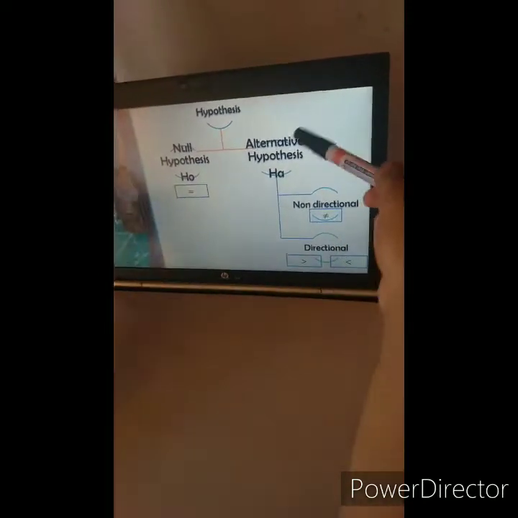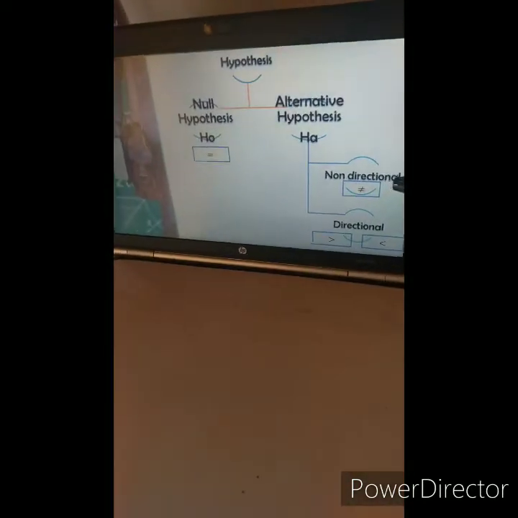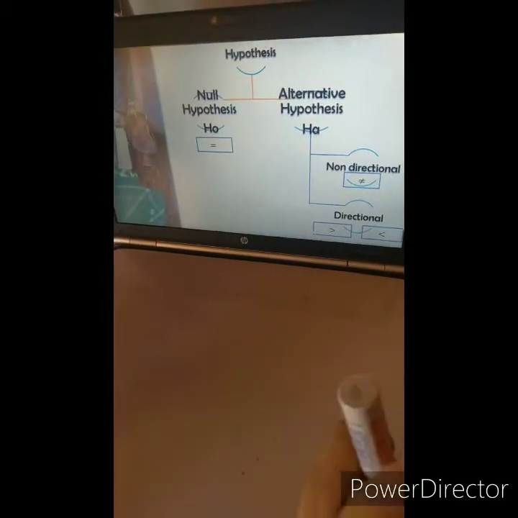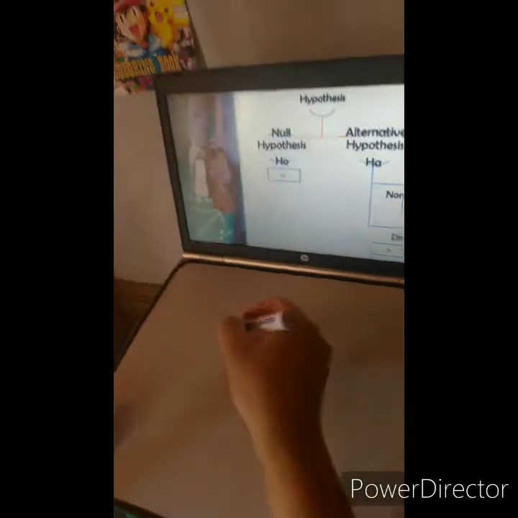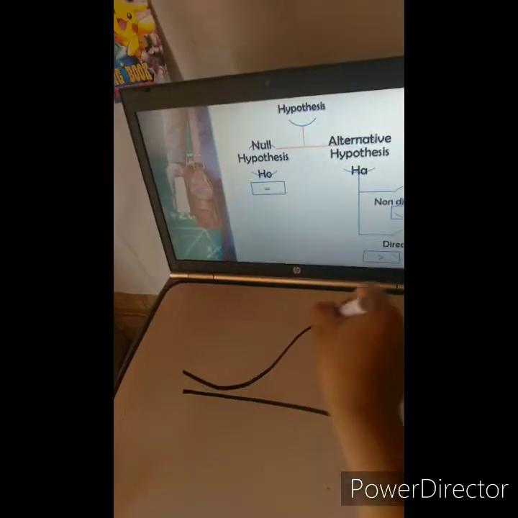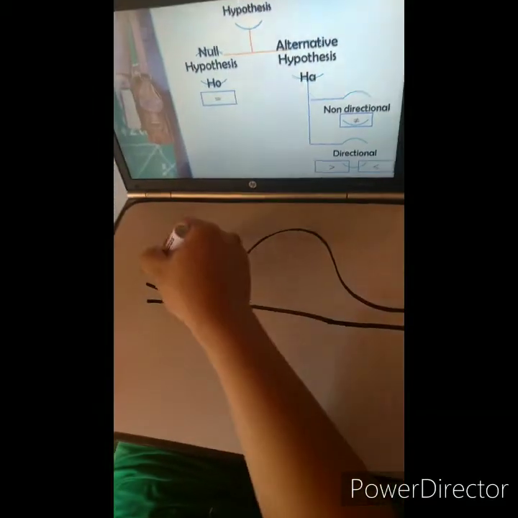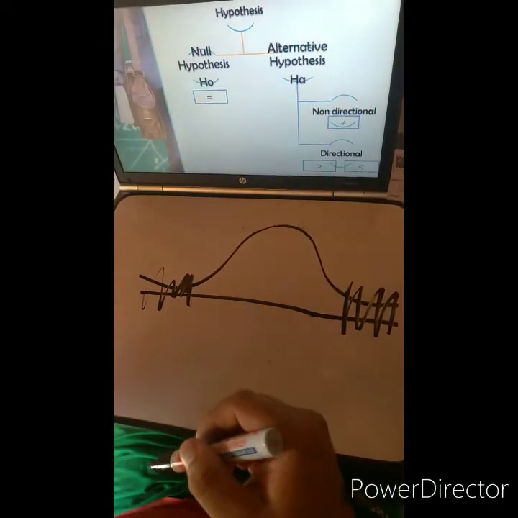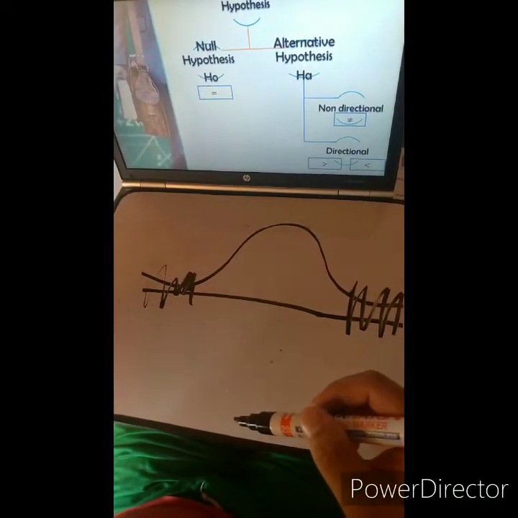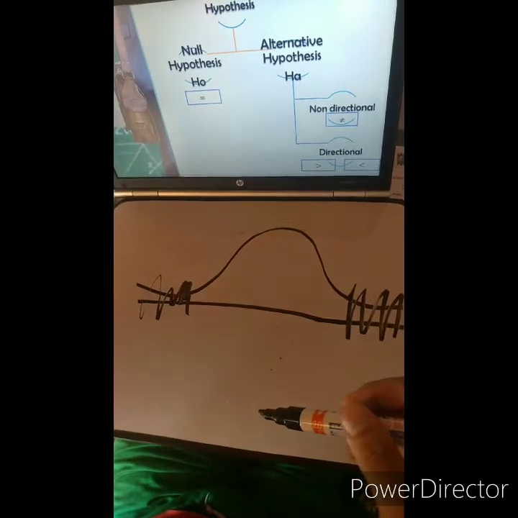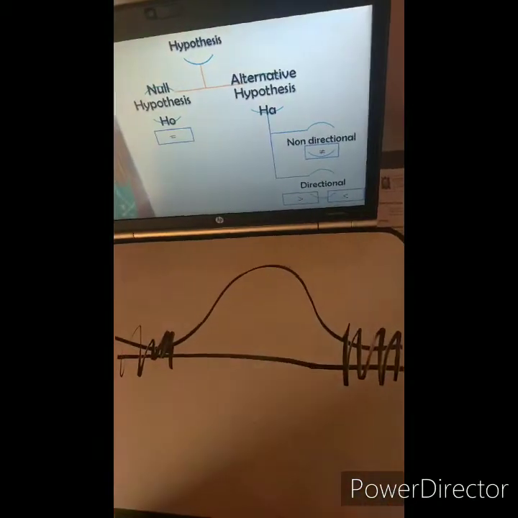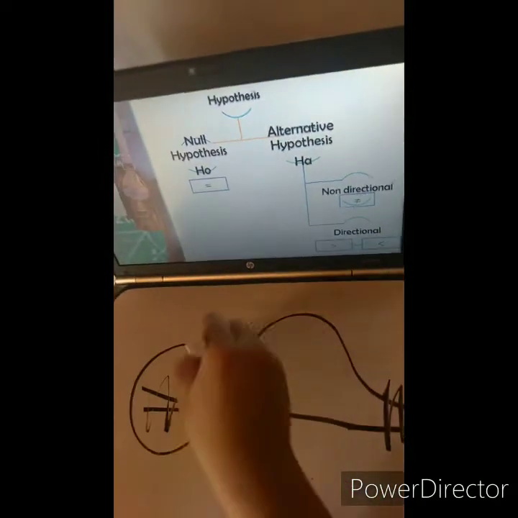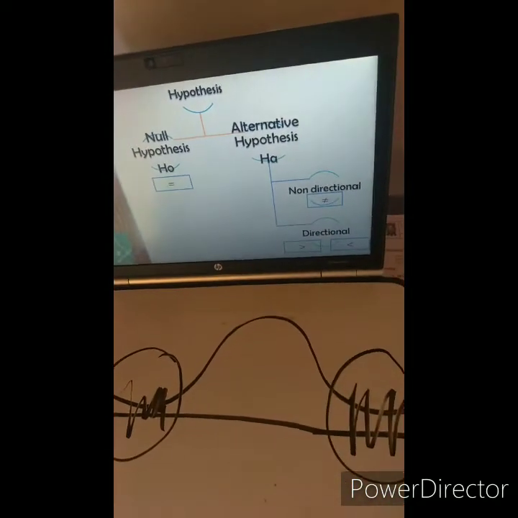From the word itself, when we talk about a non-directional alternative hypothesis, it means the hypothesis doesn't have any direction. If this is the normal curve, when we talk about non-directional, we are talking about both of these tails. But when we talk about less than or greater than, that is directional, because if it's less than, then it's here, but if it's greater than, then it's here.